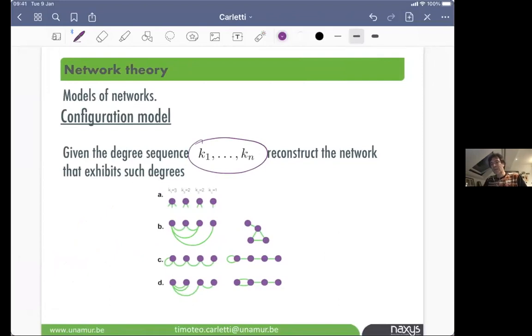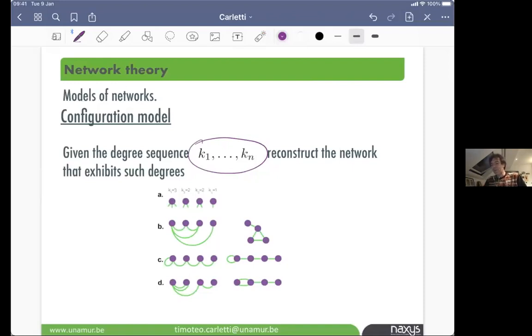It is explained in the book that I showed you before, Complex Networks, where I told you there is also an algorithm available. Here's an example. You have 4 nodes, one of degree 3, two of degree 2, and one of degree 1. You have to try to connect these nodes, respecting the constraint on the degrees, and also have a network at the end.